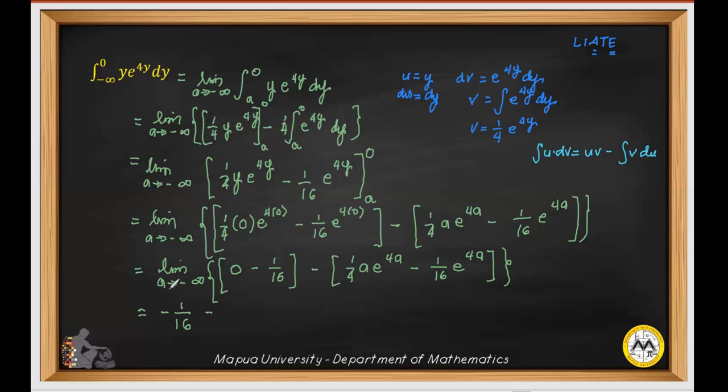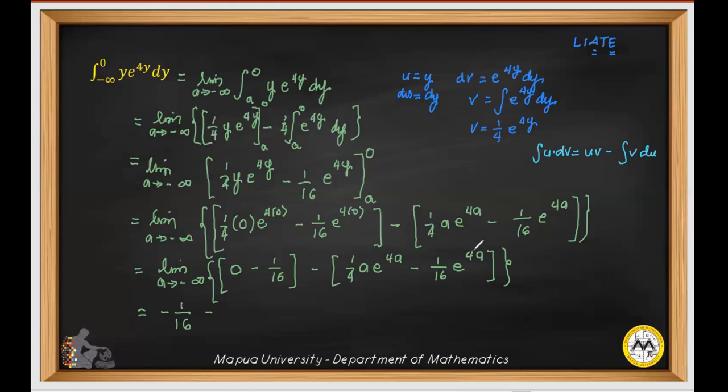Now, if we evaluate the limit as a decreases without bound, this will be e raised to negative infinity. Bringing this down, the limit as a decreases without bound will be equal to 0. Similarly with this, we will have e raised to negative infinity, so this will also give us 0.